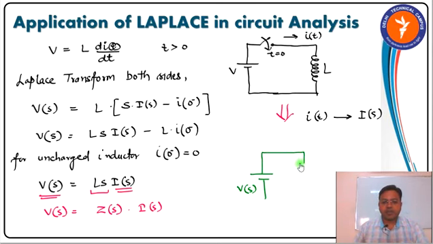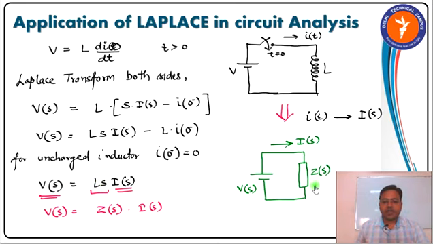We have an impedance, and impedance in general form is represented by a block, where this is Z(s), and a current I(s) would be flowing into it. Now remember here that this Z(s) is equal to Ls.